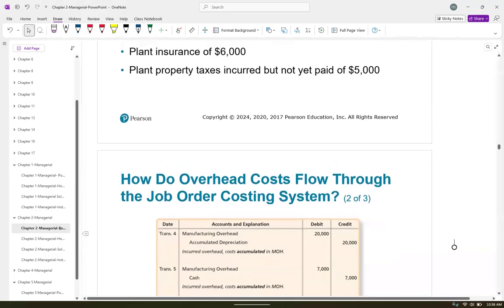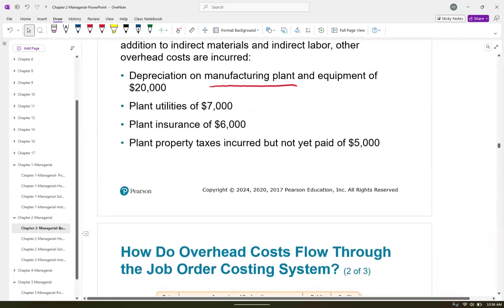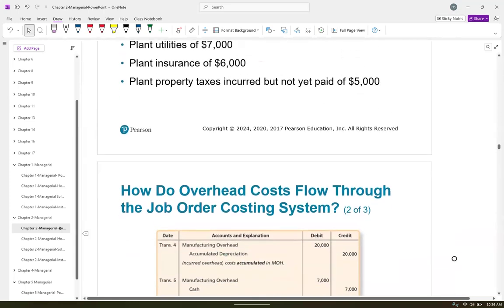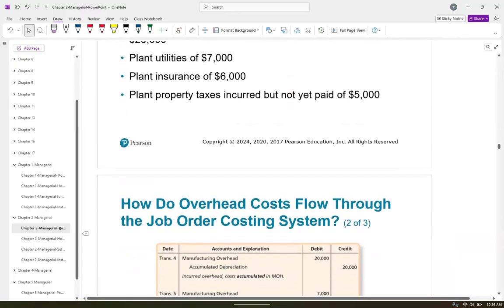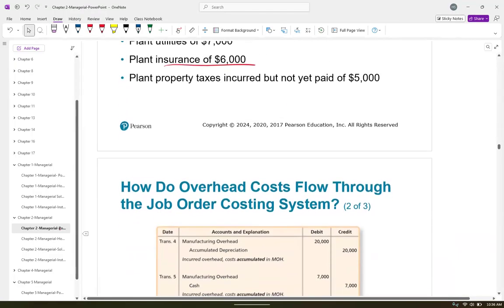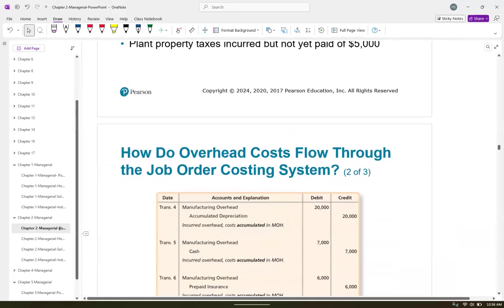Okay. Then plant utilities was 7,000. They are debiting manufacturing overhead, crediting cash. They did not tell us that was prepaid insurance, so that kind of worries me. They are crediting prepaid insurance because they are assuming that we've already paid for the insurance in advance.